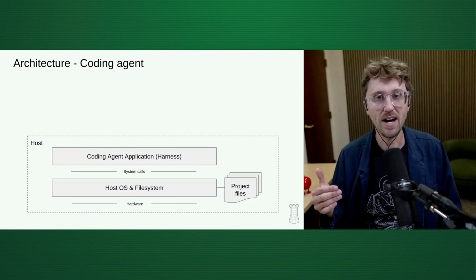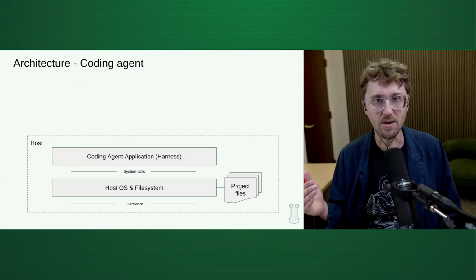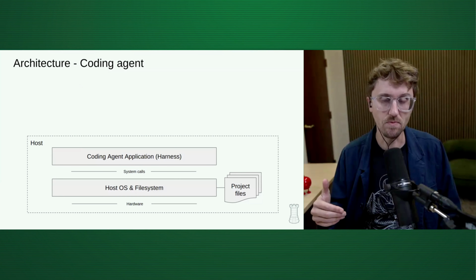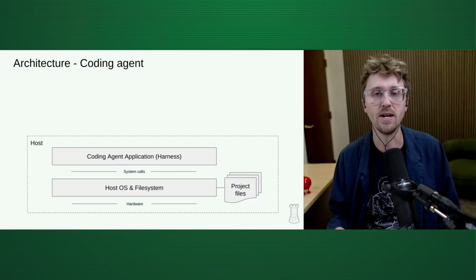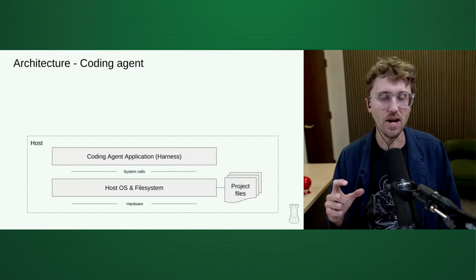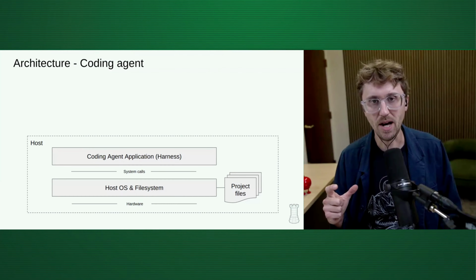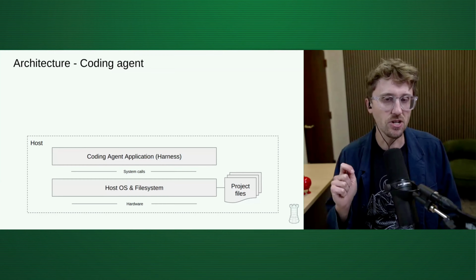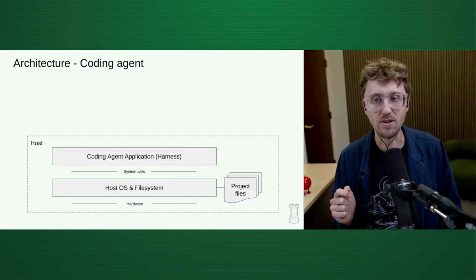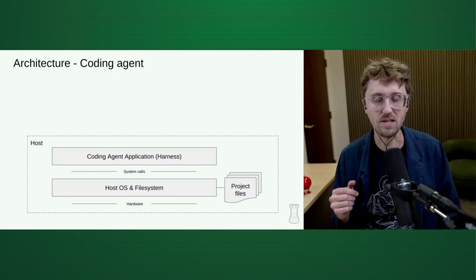And on top of that, you have this agent application layer or agent harness layer, which would be like the Claude Code application or Open Code or Hermes agent or OpenClaw, whatever that might be. That's operating on top of this host OS. It's making system calls into the host, and it's actually traversing and interacting with files that are saved in that file system.